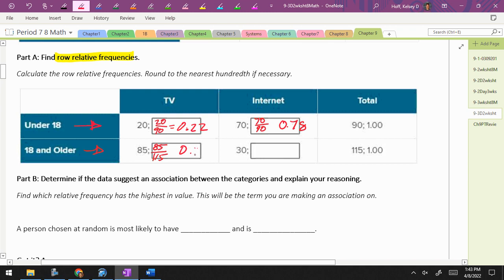I just heard two different answers. I think it's 0.57. 85 out of 115, Will? No, 0.7. Oh, I did 150. It's 0.74, yes. And then 30 out of 115.